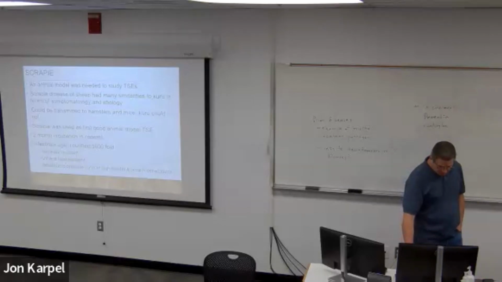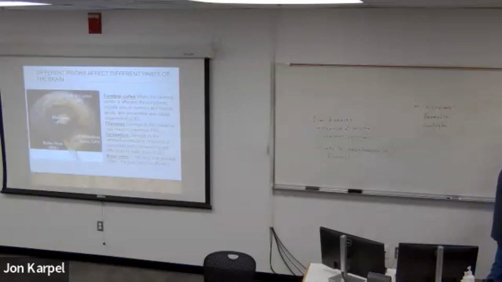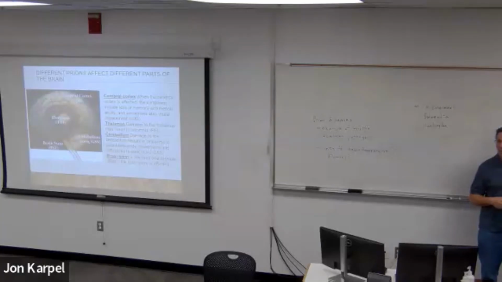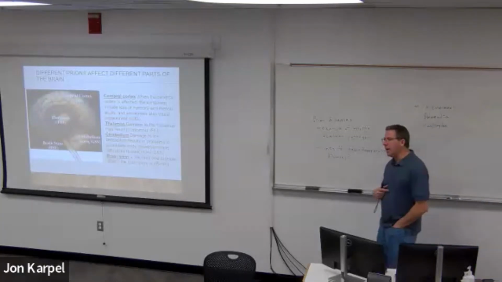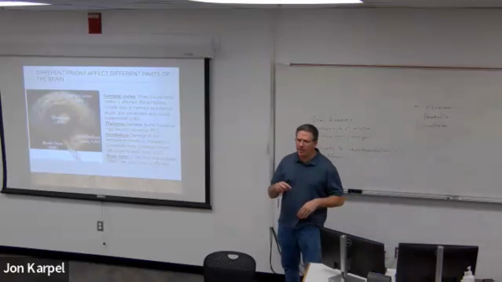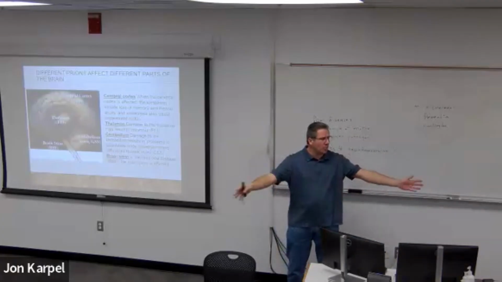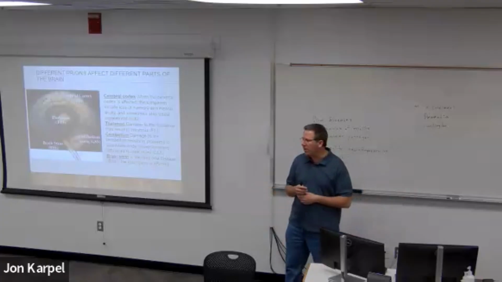Another interesting part of this is that even though we're dealing with the same types of prion proteins, it can have different effects on different parts of the brain. To me, I don't really understand this. I would think that it would affect pretty much all the proteins in the brain, all different parts.